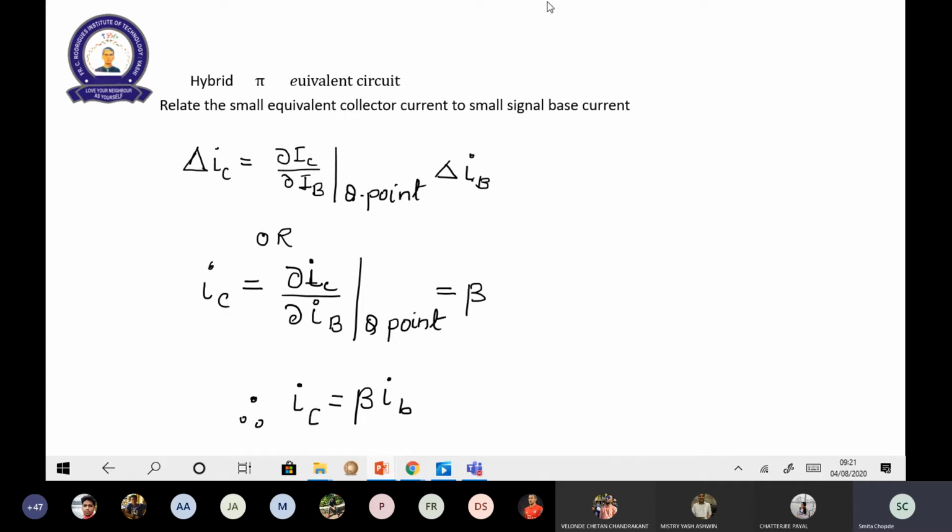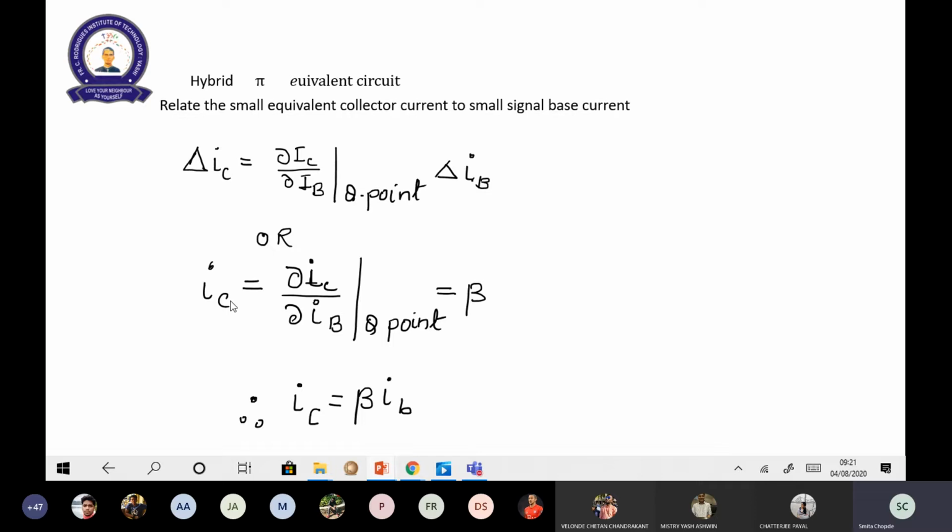So this particular factor, delta IC upon delta IB, this is nothing but the current gain, which is defined as a DC current gain. Okay, so delta IC, the differential change in the current due to the time variation of an AC signal, it is beta times delta IB.